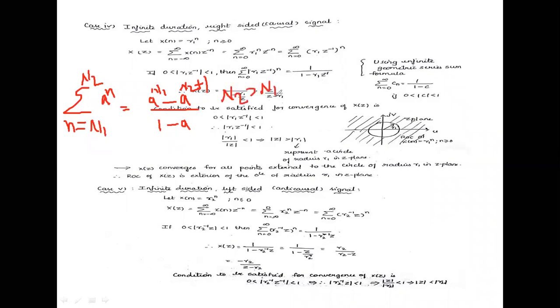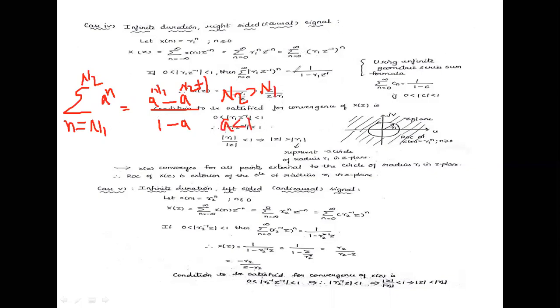Using this relation, my dear students, the sum of n is equal to n1 to n2 of a power n. Once again, we already know it is a power n1 minus a power n2 plus 1, by 1 minus a, and here the condition is n2 is greater than n1 and a is less than 1.